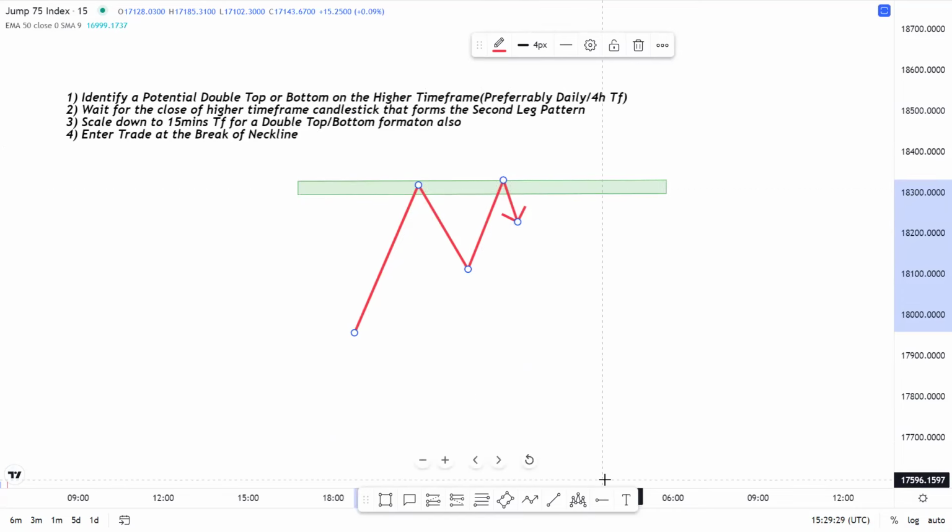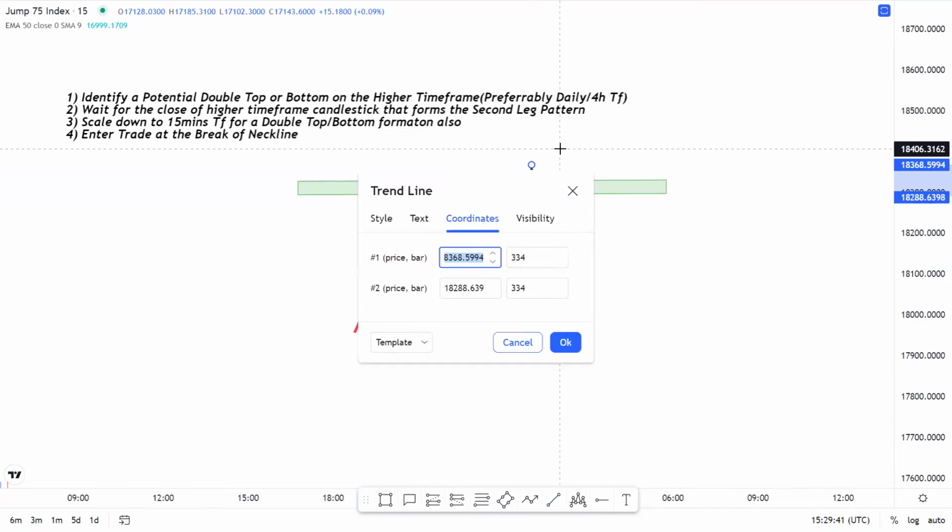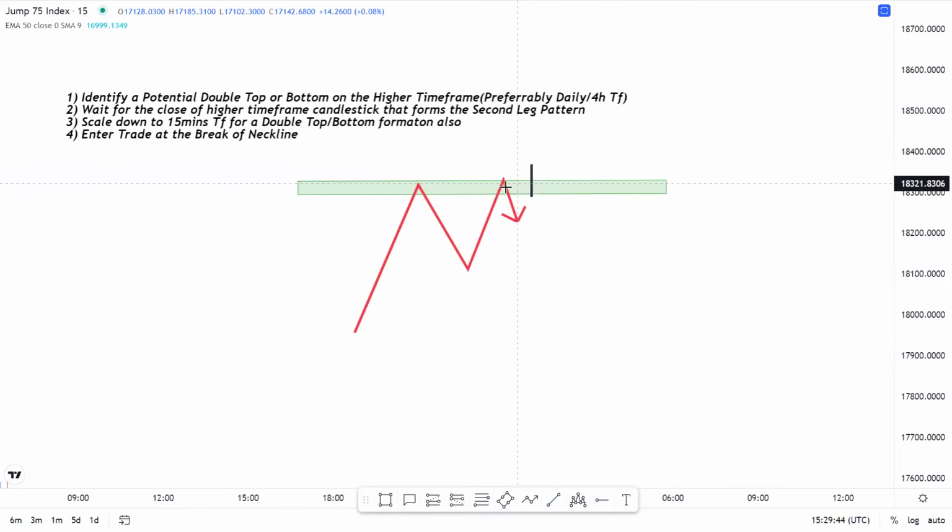Now, preferably what I want to see once price trades back to the resistance level is a rejection from the level. So I want to see the current 4-hourly candlestick that's coming into the level now closing as a rejection candlestick from the resistance level, being the second leg of our potential M pattern.